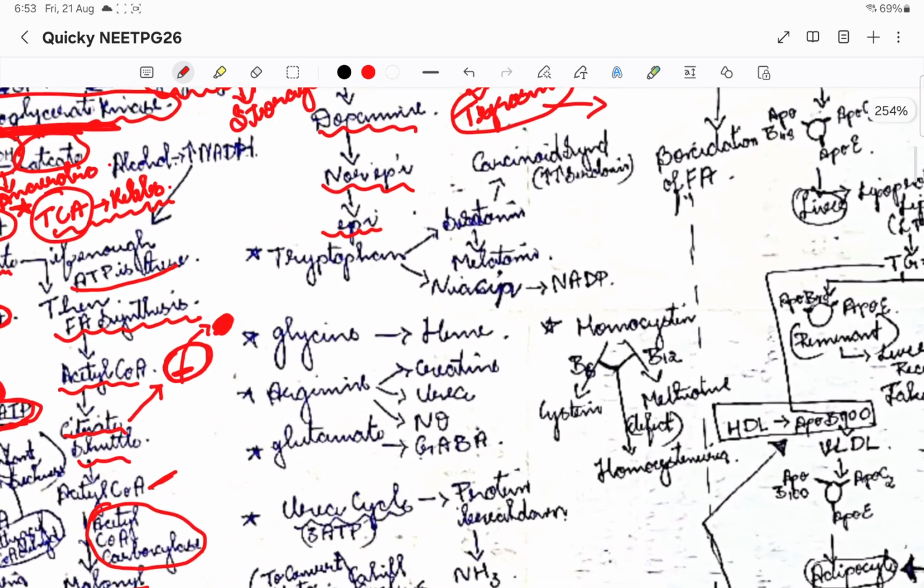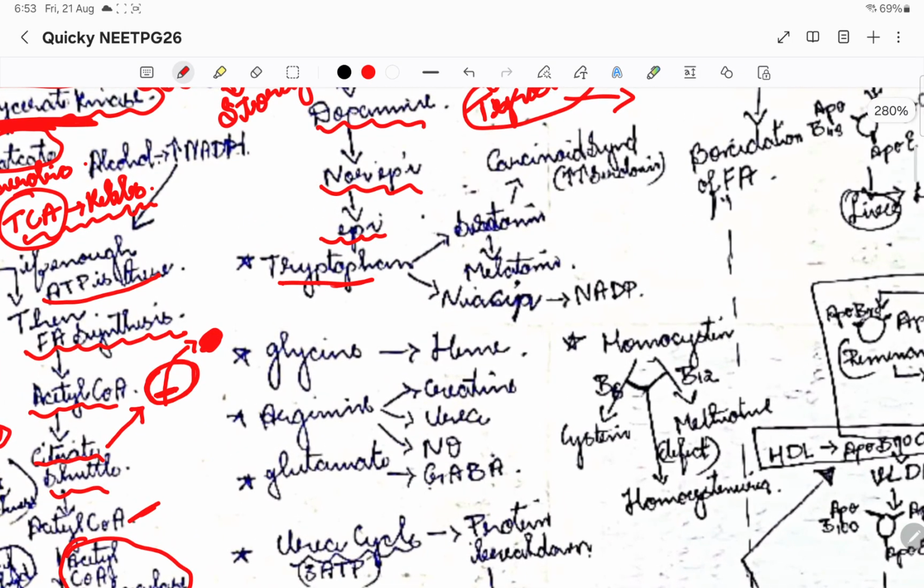Then the other amino acid is tryptophan. Tryptophan will give rise to serotonin, melatonin and niacin. Tryptophan will form serotonin, and serotonin will form melatonin. Melatonin is important in the sleep cycle, the circadian rhythm, whereas niacin is important in NADP formation, the energy cycle.